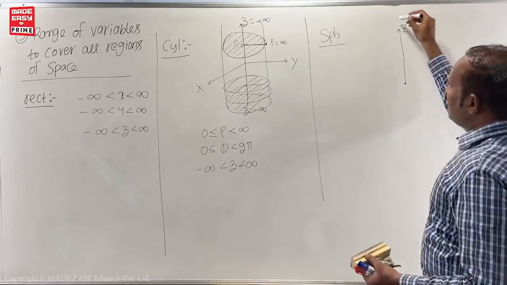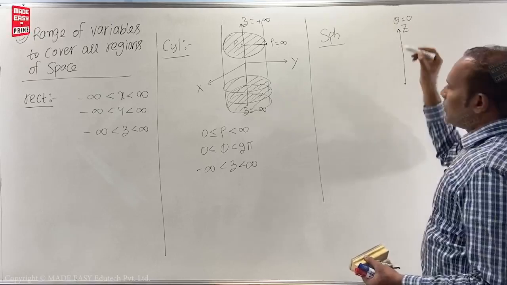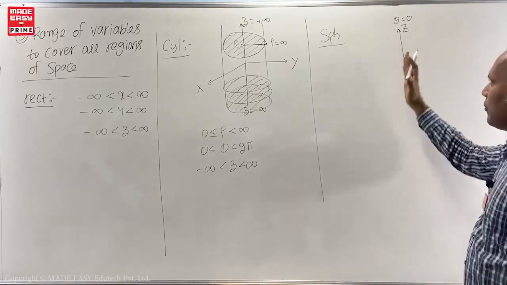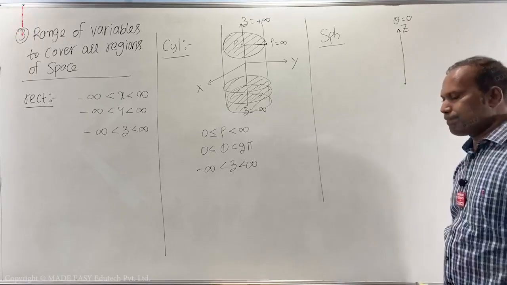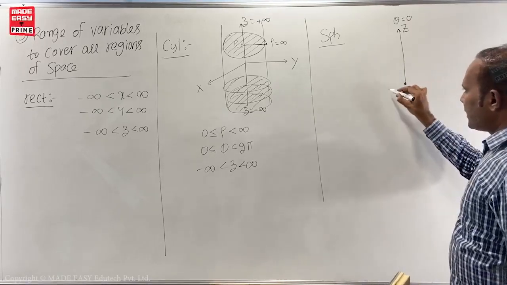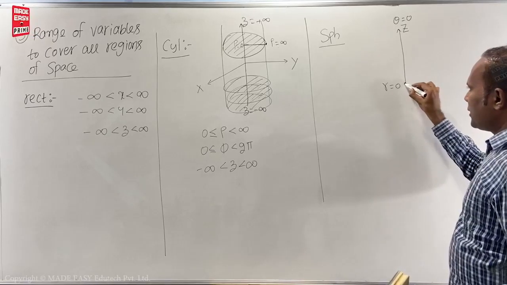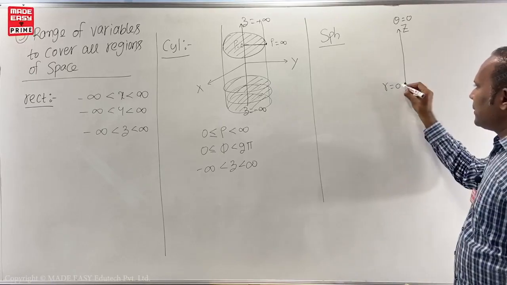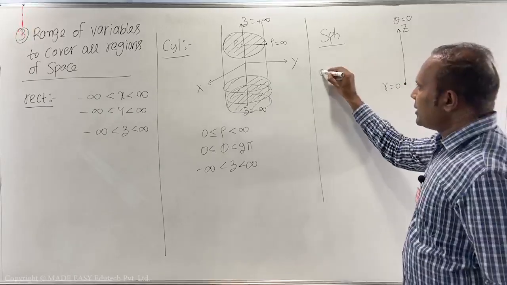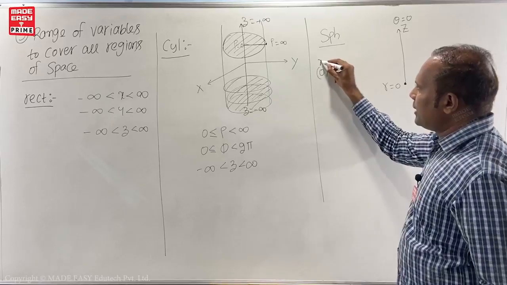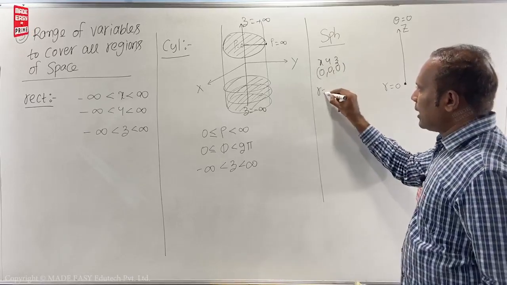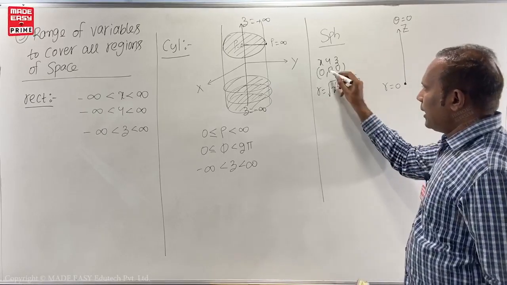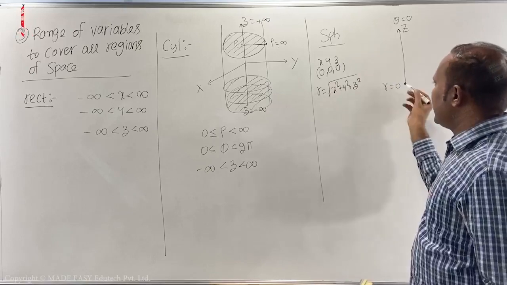For the z-axis, the vertical angle is 0. Why like that? Because the vertical angle measurement starts from the vertical axis called the z-axis. Now you take this as the center, or origin, of the sphere. At the origin x, y, z values are 0, and r is equal to the root of x square plus y square plus z square, so at the origin the radius is 0.